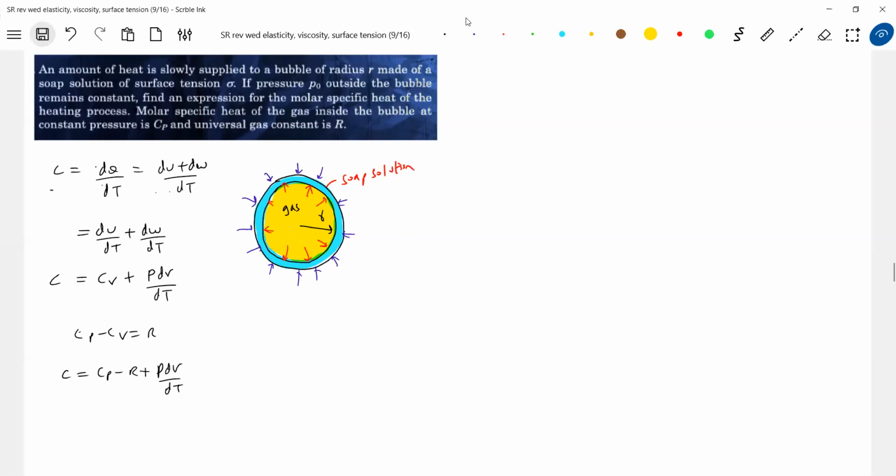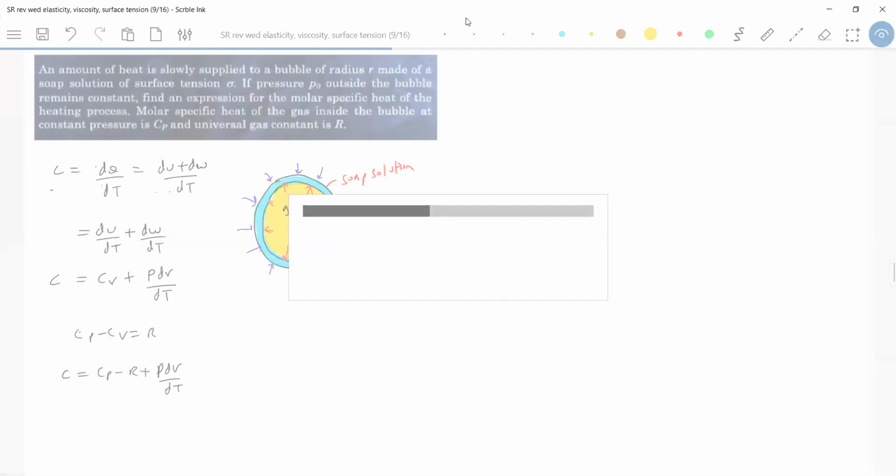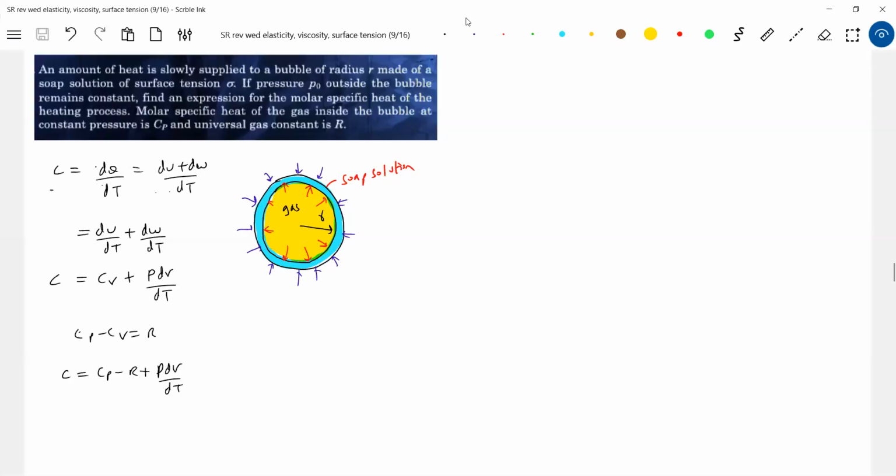We have a habit that whenever surface tension comes, we directly take isothermal for granted. Am I right? Shall I say isothermal process? Isothermal process means no change in temperature. If there's no change in temperature, the heat capacity is infinite. Shall we put the answer as infinity?